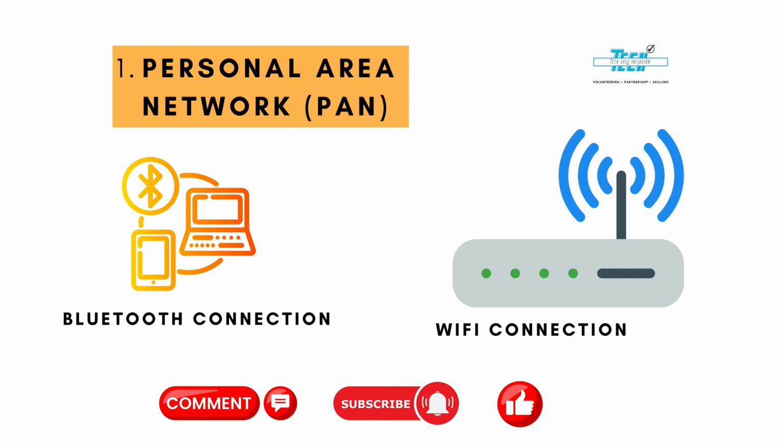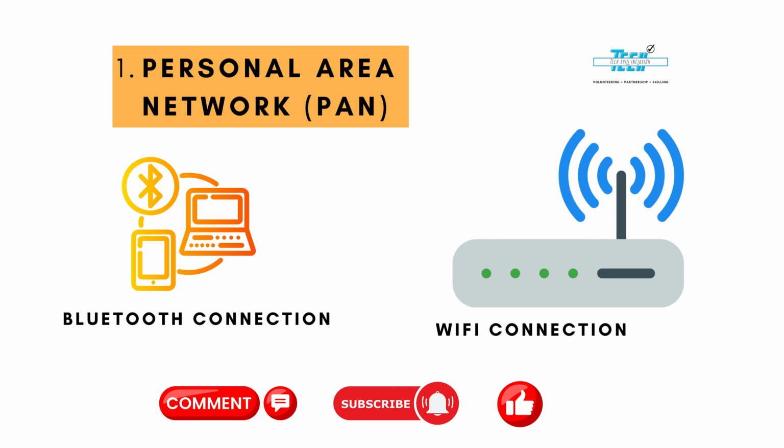Like I said, it's connected devices like smartphones and laptops within your immediate space. Bluetooth and Wi-Fi often form PANs, enabling seamless connections for sharing files, using peripherals, or creating a network with devices in close proximity. So it's typically within a few meters.